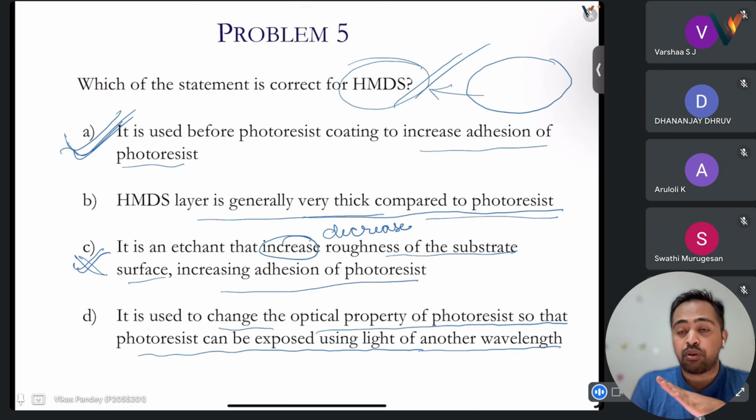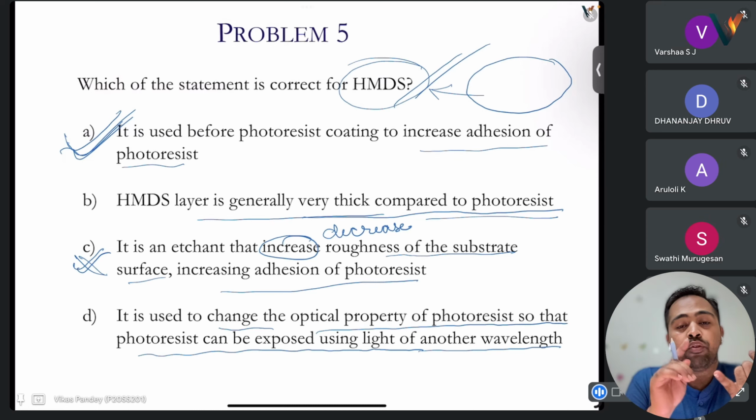That is why we don't want it to be very rough. We want it to be very smooth, so that when we put it and spin it, it spins very uniformly and makes a uniform thickness, so that we can expose it in one go. That is why we want smoothness, not roughness.